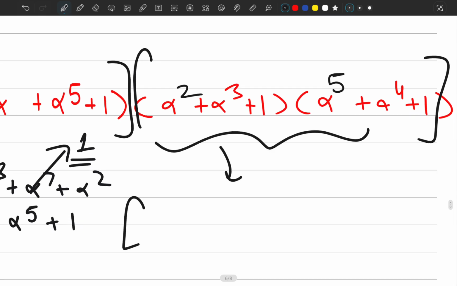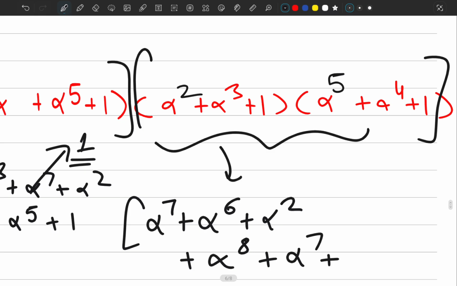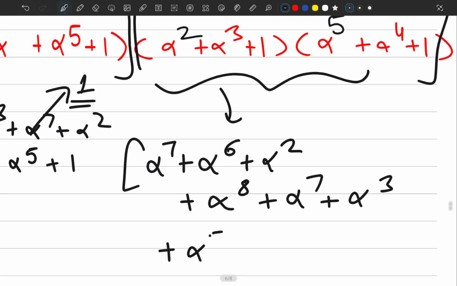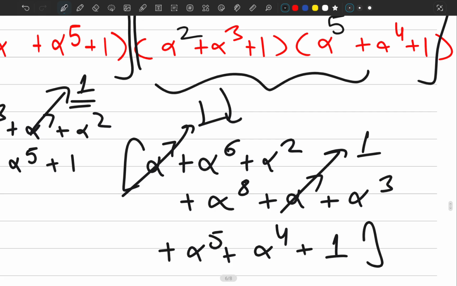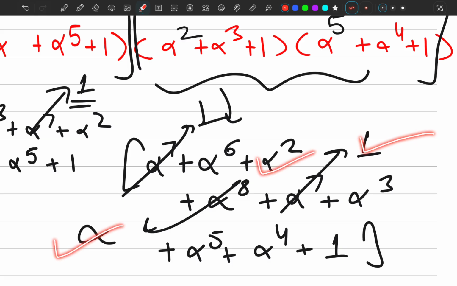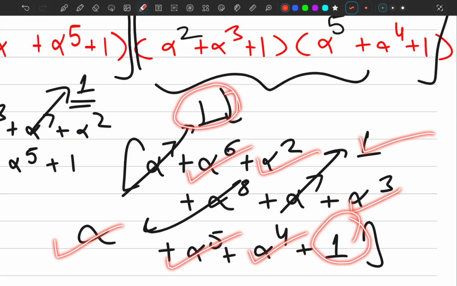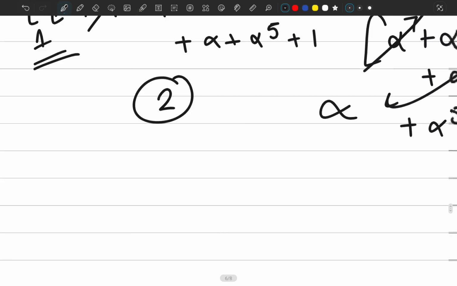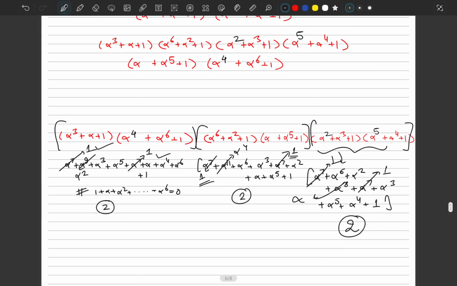Similarly, this gives us alpha 7, alpha 6, alpha squared, alpha 8, alpha 7, 1, alpha 3, alpha to the power 5, alpha to the power 4, 1. This is 1, this is 1, this is alpha. We have 1, alpha, alpha squared, alpha to the power 3, alpha to the power 4, alpha to the power 5, alpha to the power 6, and 1. This 1 remains. This also gives us 2, right? So this is 2, 2, 2, right?